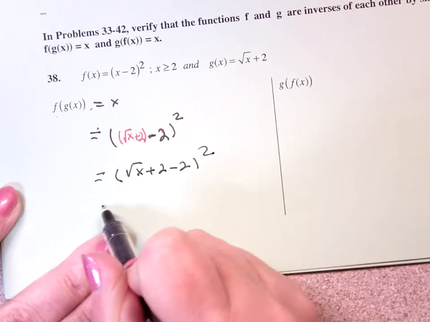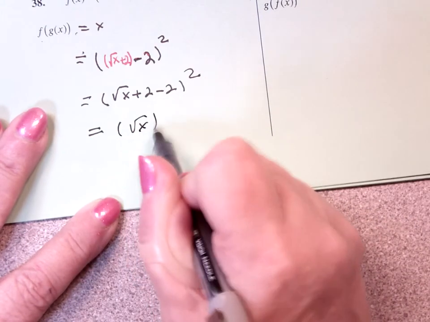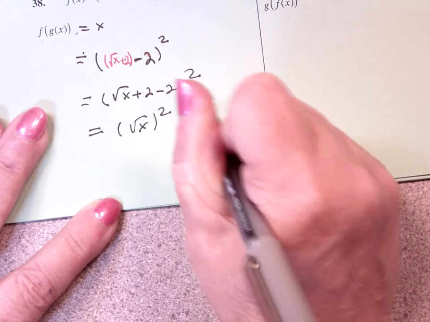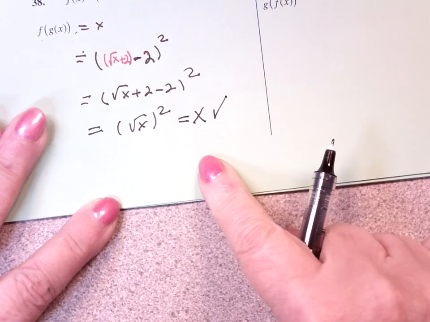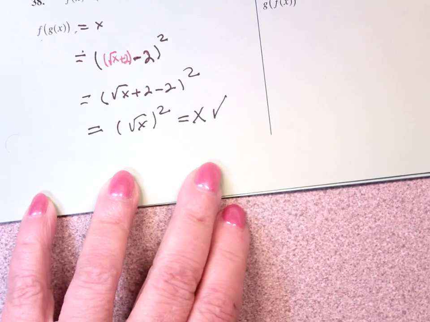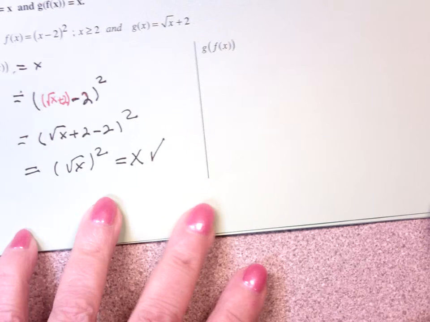Plus 2 minus 2 adds to 0. So you get the square root of x squared, and the square root of x squared is x, and it verifies. That tells me now if I do g of f, it's also going to verify. So if one did, so will the other. So you only have to really check one.